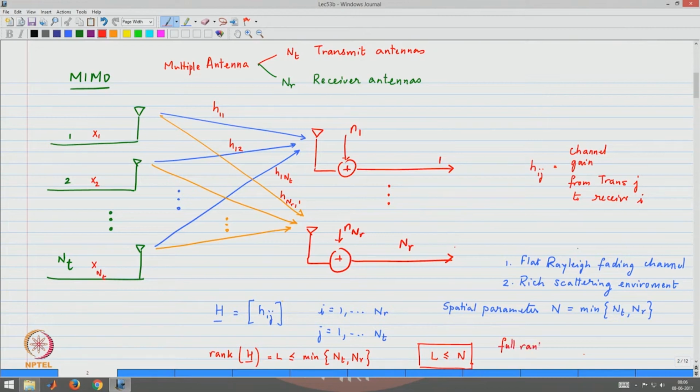Full rank means the matrix H is full rank, and this implies that the rank is equal to the minimum of the number of transmit antennas or receive antennas. Again, it is a useful parameter that will come up in today's discussion.